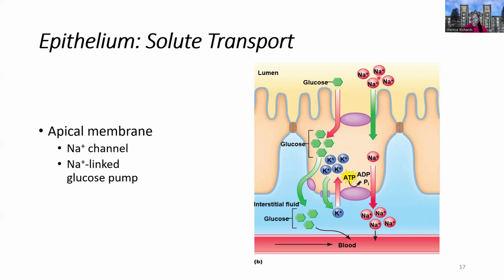This is where we take the energy of sodium leaking into the cell and we couple that energy and use that energy to move glucose against its concentration gradient. So we have a higher concentration of glucose inside the cell, a lower concentration of glucose in the lumen, right, as you're ingesting glucose and breaking that down. And so we want to move glucose against its concentration gradient.